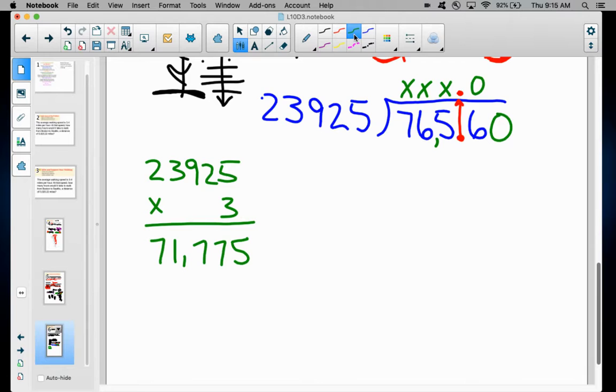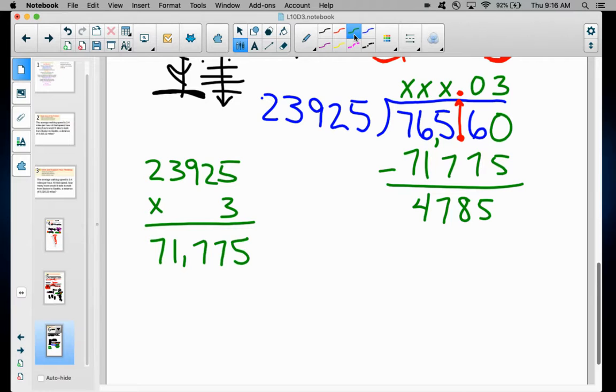So that 3 is our first step. We are subtracting that number, and when we do, we get 47,850. Now, lucky for us, that's only our divisor doubled.